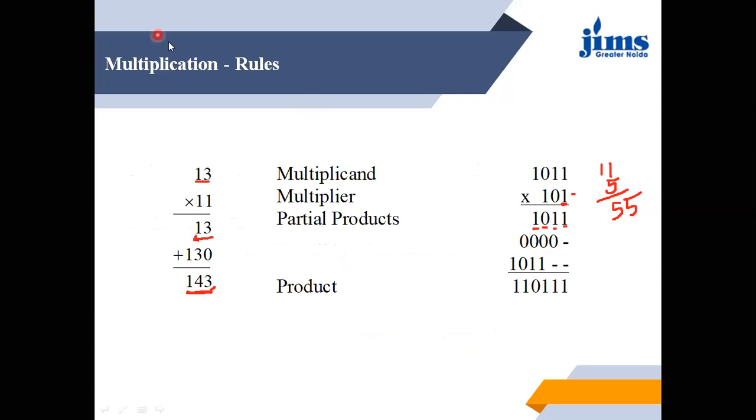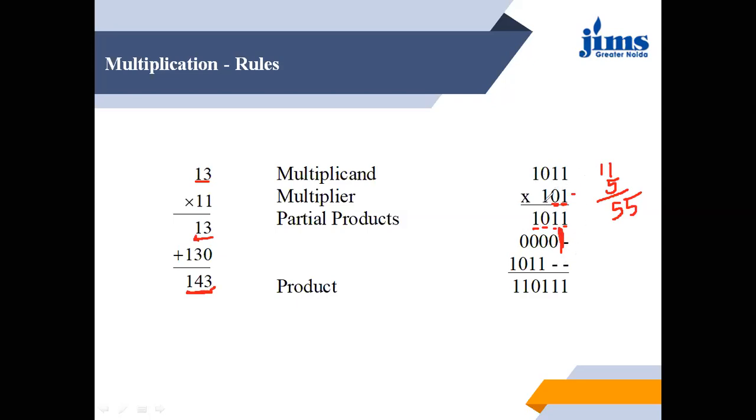Next, when we multiply with 0, after multiplying we have to shift it left by 1 bit, as we do when performing multiplication in decimal numbers. So 0 multiplied by all will be 0.